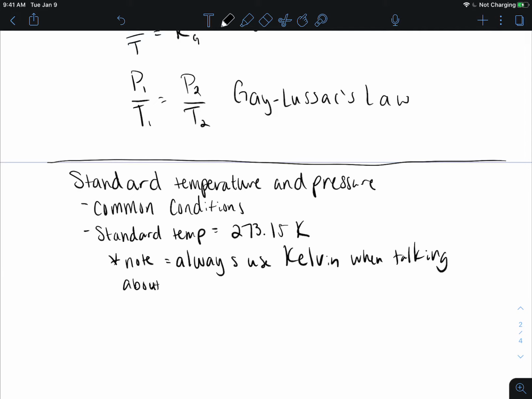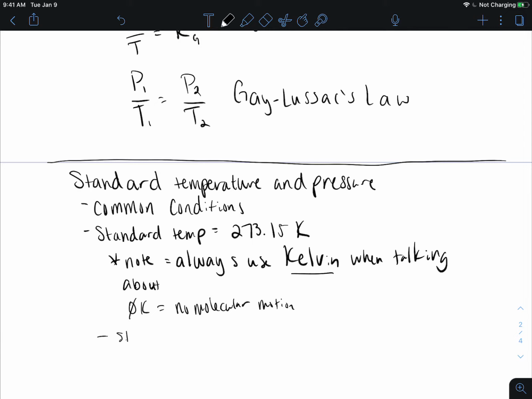Or our molecular motion. If we have 0 Kelvin, that is the only point when we have no molecular motion. At any other point, we have molecular motion. So when we're thinking about 0 degrees Celsius, that does not mean we don't have molecular motion, but that's what we would get if we put that into the equation. So always, always, always use Kelvin when doing calculations for gases.